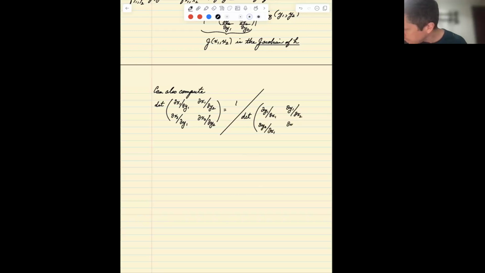So you can either treat the rows or the columns. The rows are indexed by the x's, and the columns are indexed by the y's, and we're taking the derivative of the row label with respect to the column label. We can flip it around, and in that case, we just have a 1 over the determinant.